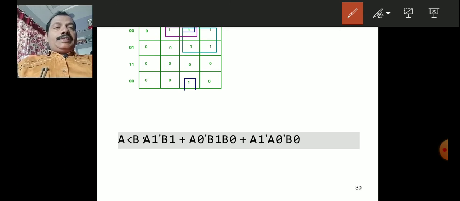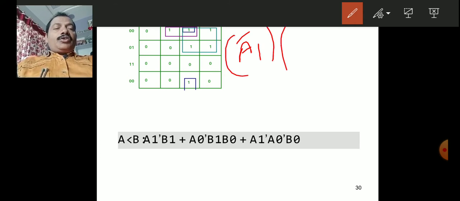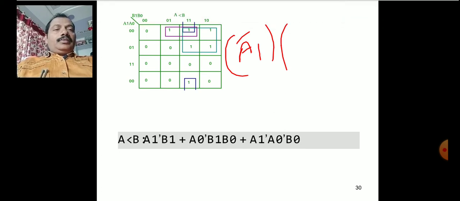So eliminate A0, retain A1 bar. Next, it is occupying 2 columns also, 1 1 and 1 0.